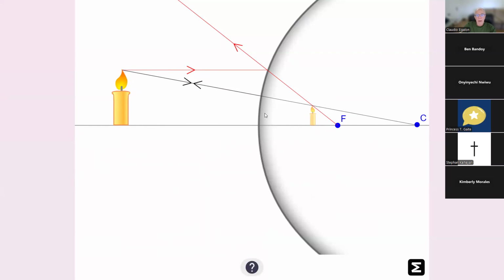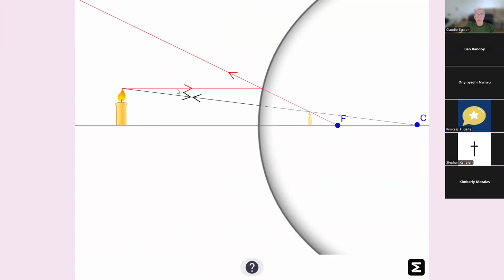Oh yeah, we could have done the fourth light ray, the one that passes through the focal point, right in here. He didn't illustrate that. The light ray that passes through the focal point is reflected parallel to the axis of the mirror.